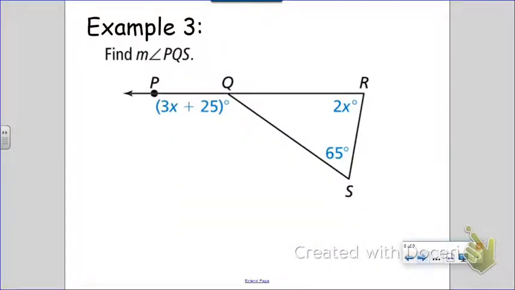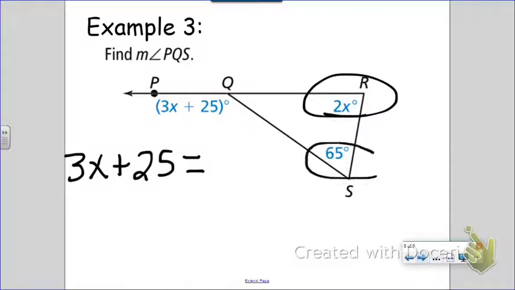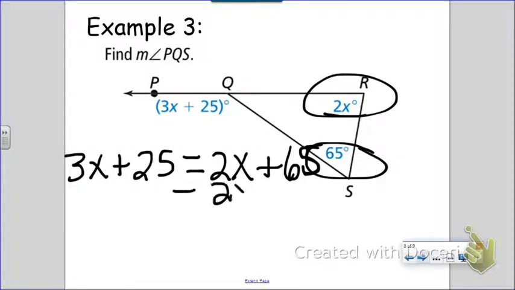In our next example, the exterior angle equals the sum of the two non-adjacent interior angles. We add them together. We'll solve for x and then find the measure of angle PQS.